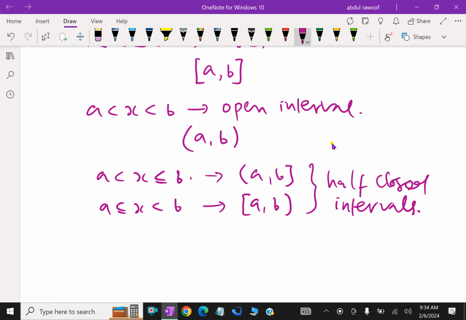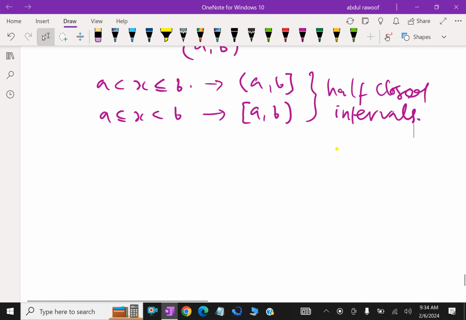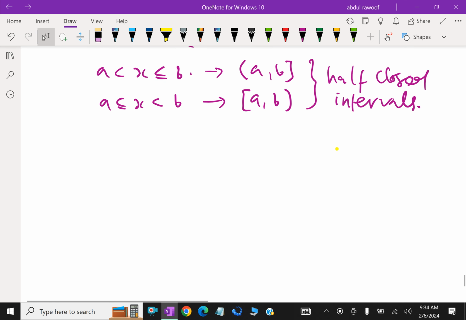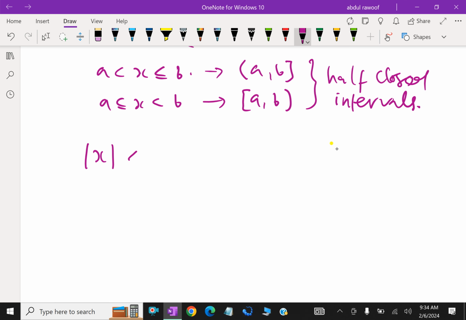Now, for example, look at here: modulus of X less than 4.